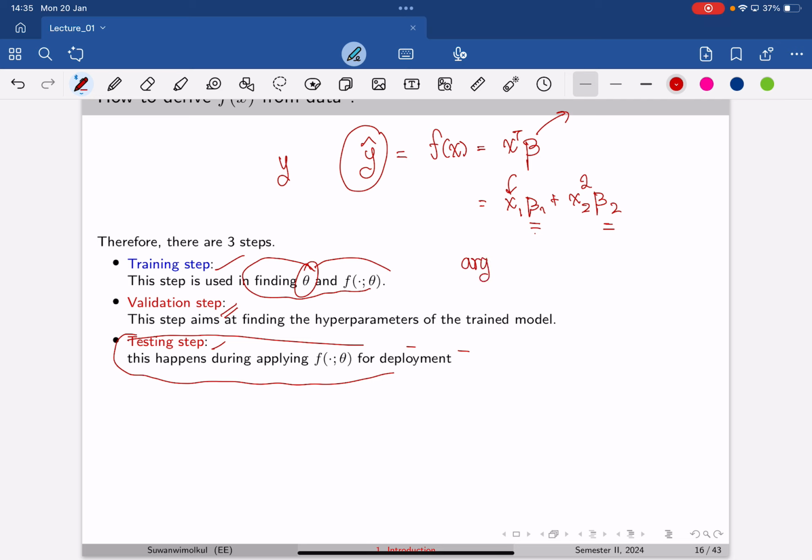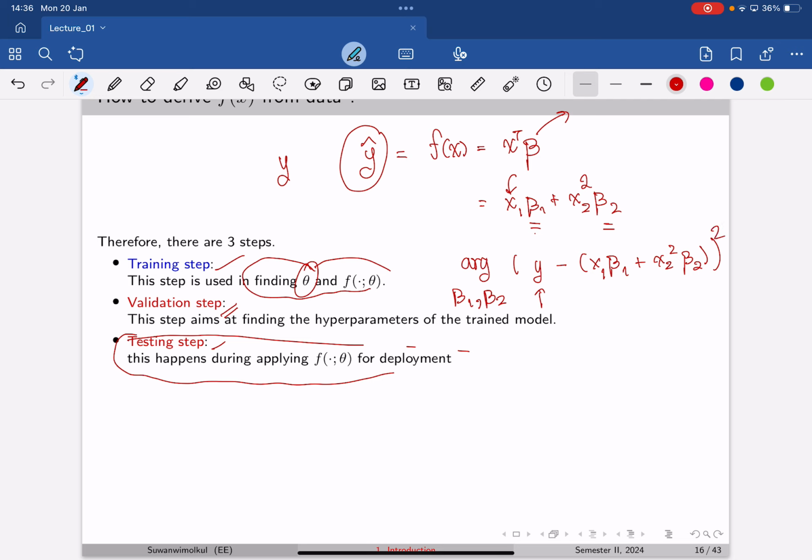Let's say you may be learning beta 1 and beta 2 by subtracting y, by learning so that this value, which is y hat, should match your observation y. It could be something like this, squared, right?